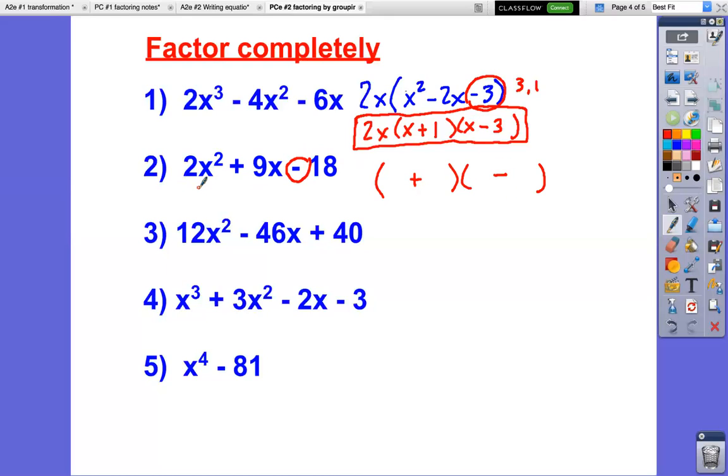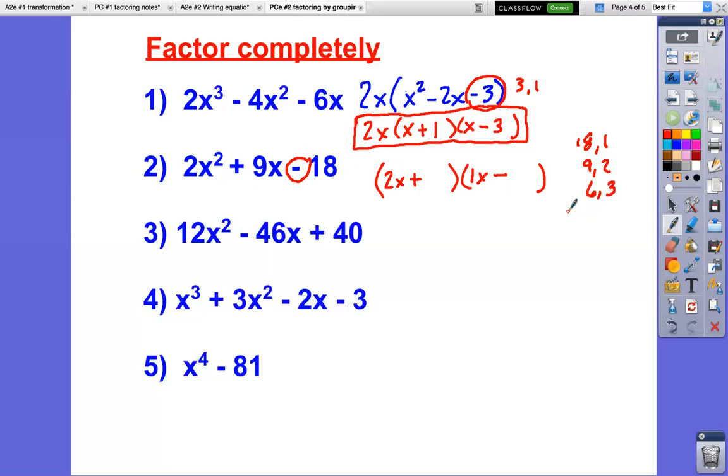My only factors for 2x squared are 2x and 1x. Again, you do not have to write the 1. I just do. My factors for 18 are 18 and 1, 9 and 2, 6 and 3.